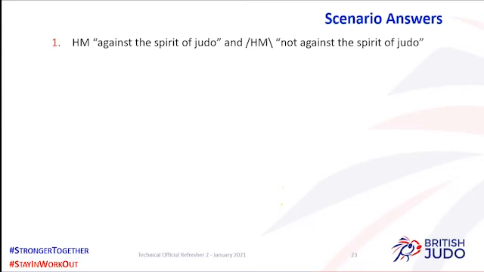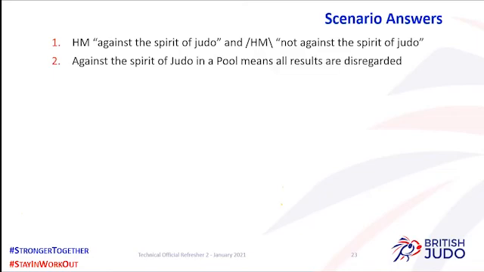Don't worry about deciding whether it is or it isn't, because the referees have to make that decision and inform you which one it is. Against the spirit of judo in pool means all results are disregarded. So if somebody commits against the spirit of judo in a pool, all results are disregarded for that particular athlete.